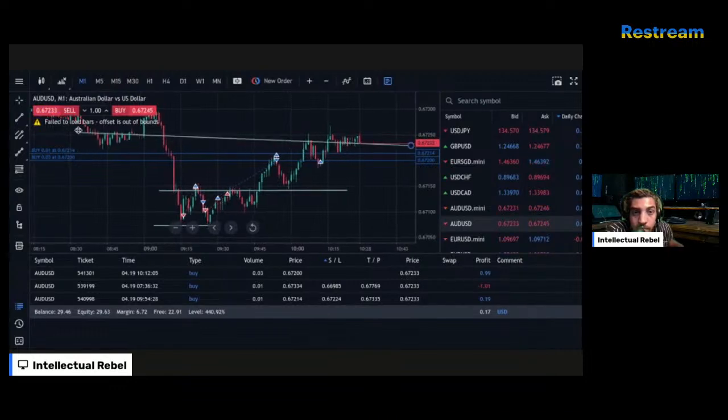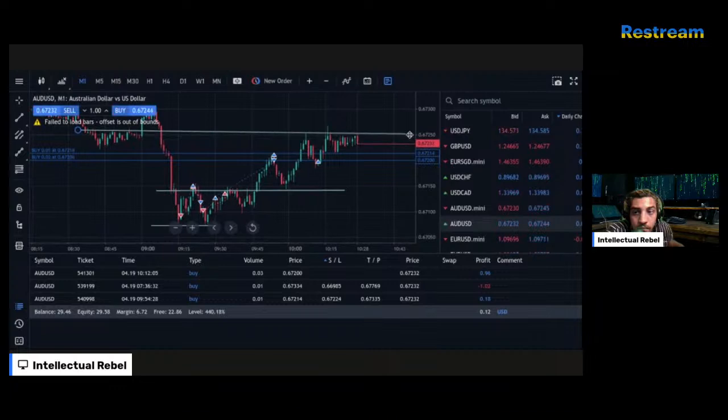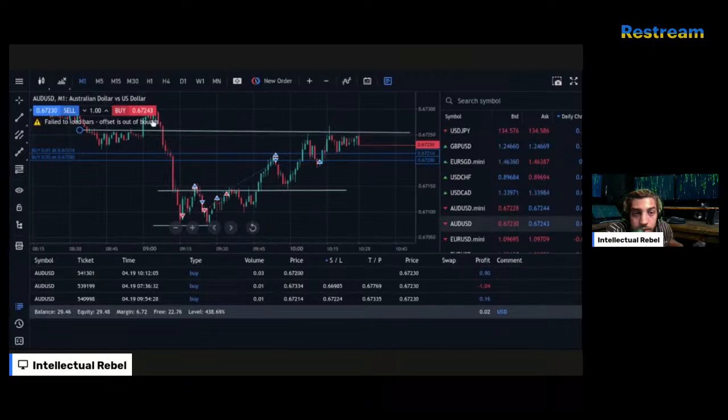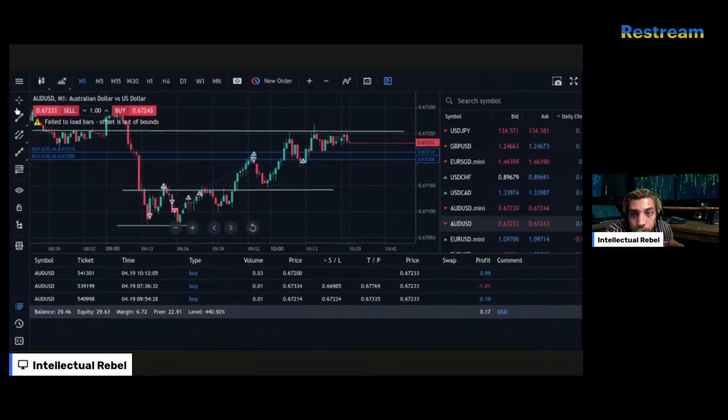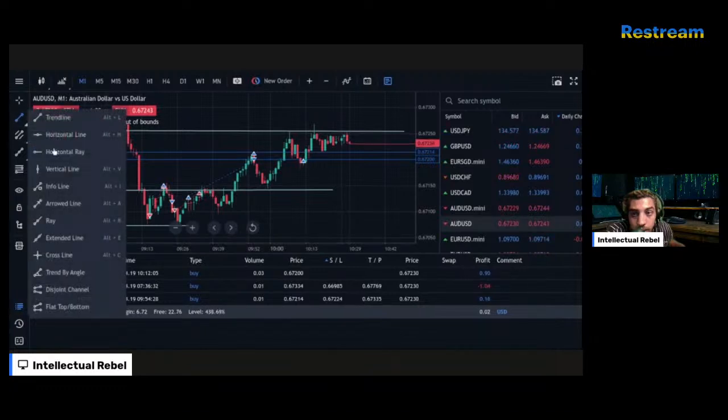I think I'm gonna put it on the top part because it touches more wicks. See, it touches these wicks over here, and it touches these wicks. So that's like a key area that I want to keep into consideration. So right here we got a new little uptrend.